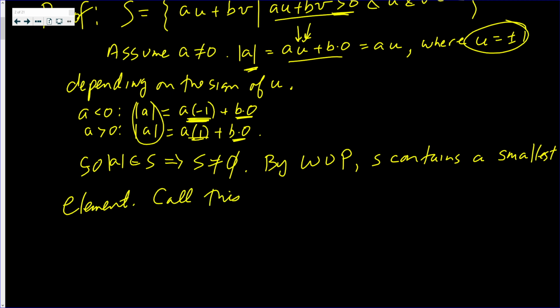Call this number D. And remember, since D is in S, D is a linear combination of A and B.